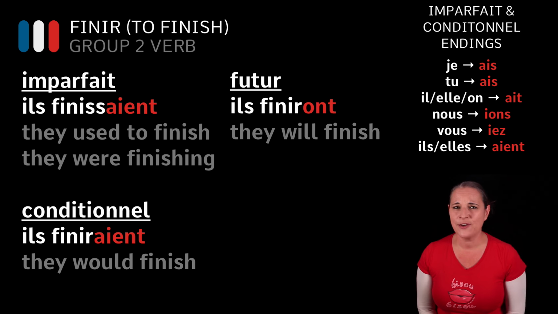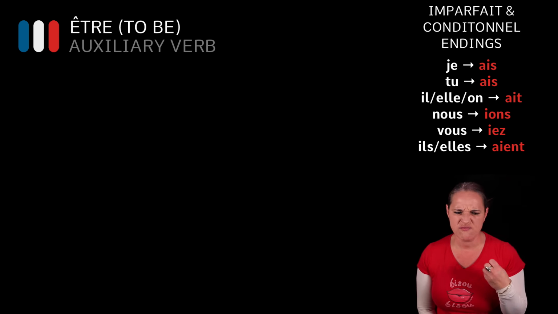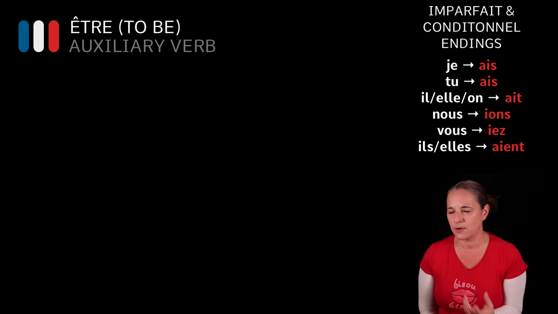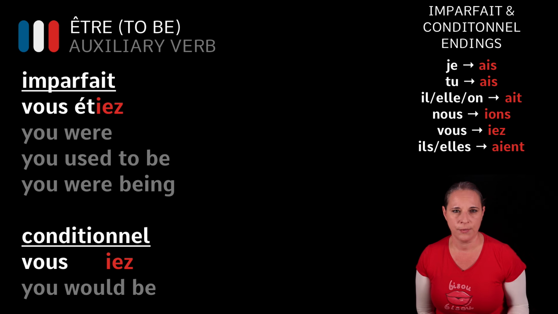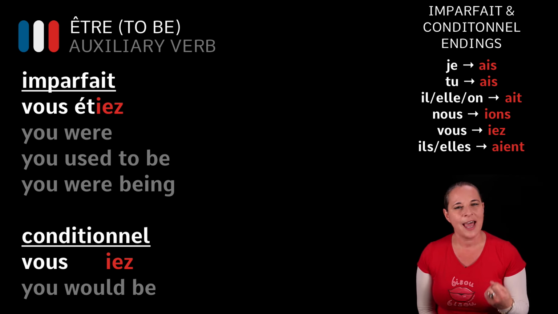Let's have a look at a few others. Let's have a look at être, which is to be, which is really hard to conjugate. So I would advise you to know how to conjugate être by heart. Now here we go. Vous étiez, you were. Remember, it's the imperfect. But how do we do that in the conditional?